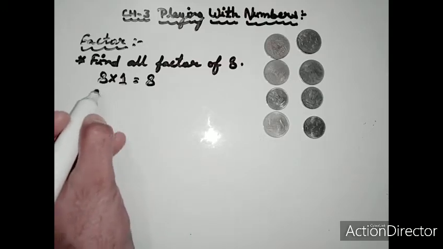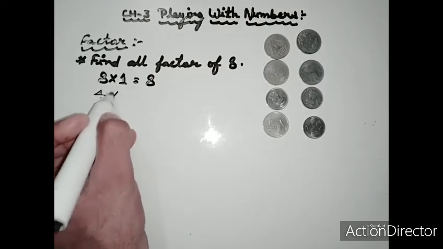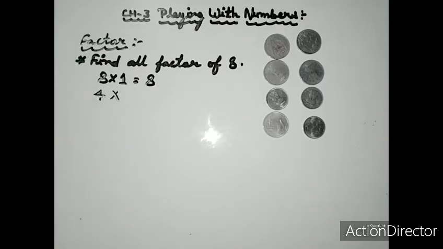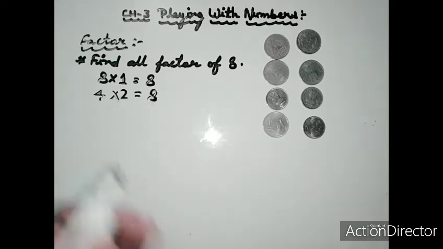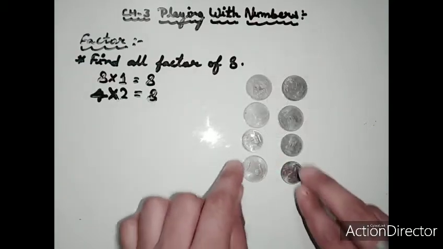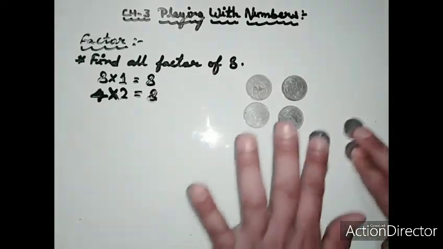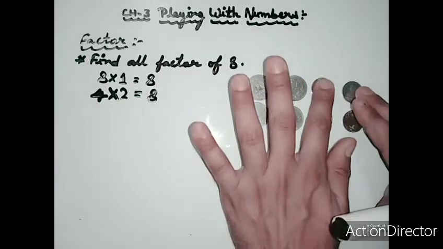So we write 4 rows, and each row has 2 coins. 4 twos are 8. So we arrange the coins in this way.